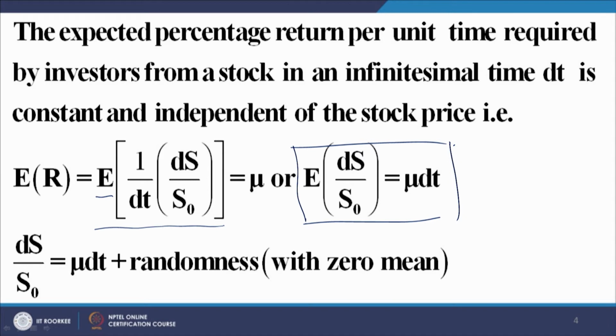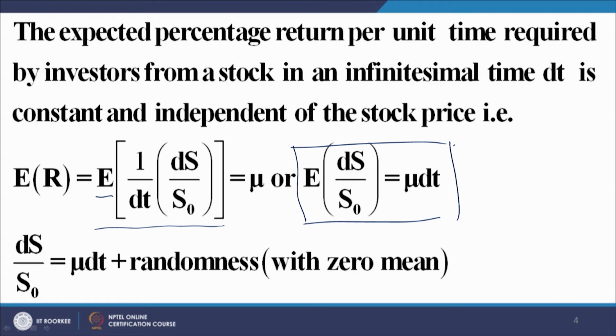So, let me quickly repeat what I have done. What does the postulate say? The postulate says that the expected percentage change in the price per unit time required by investors from a stock in an infinitesimal time dt is independent of the stock price.